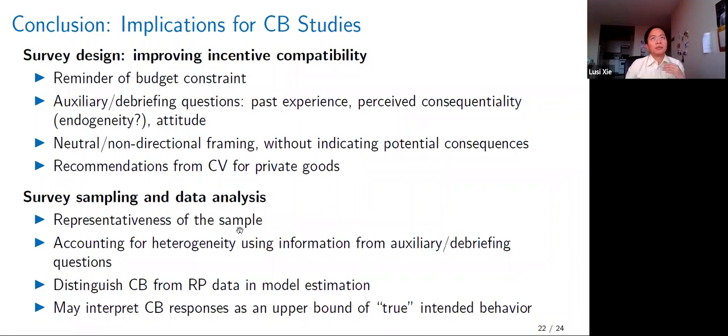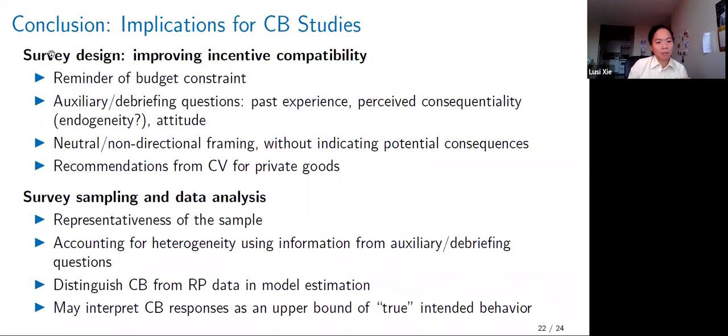So the endpoint or the goal for doing these very controlled lab experiments is to provide some implications for CB researchers who use CB methods in the field. Because we find hypothetical bias, we recommend that people improve the incentive compatibility in the survey design.